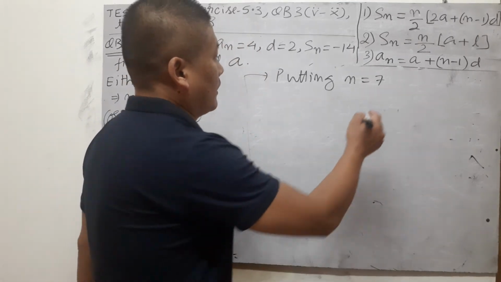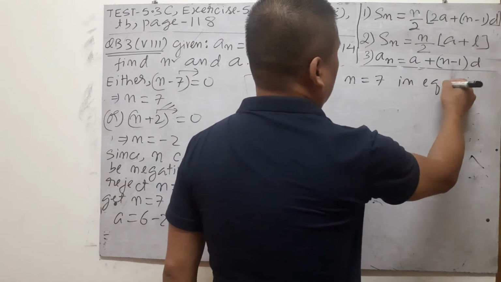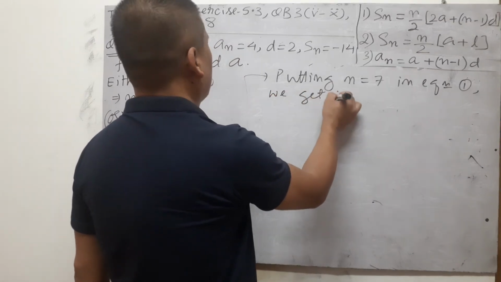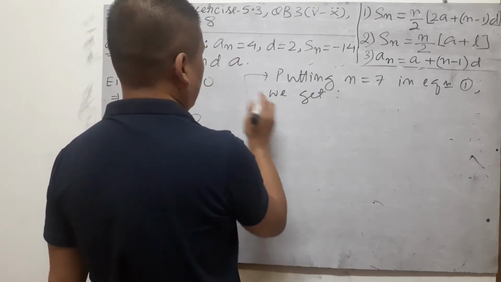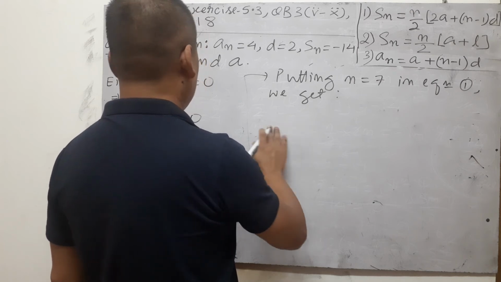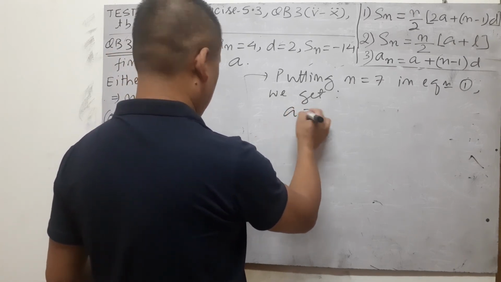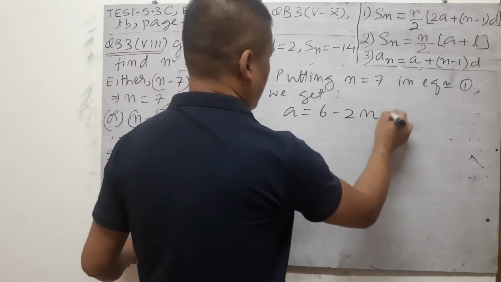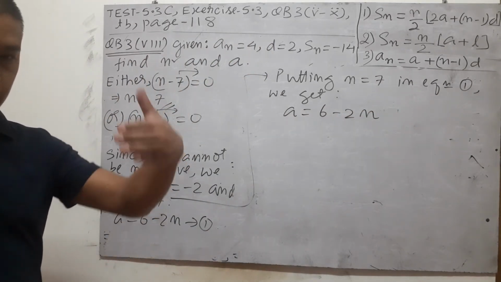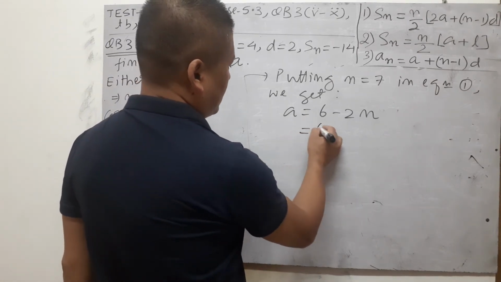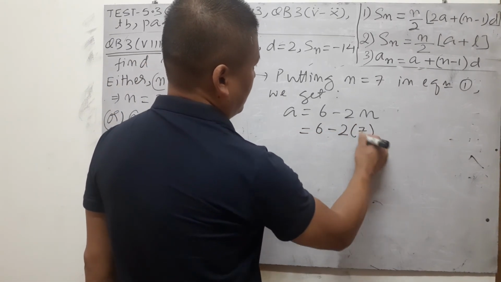In equation 1, we will get this value a. So equation 1 is a equal to 6 minus 2n, as you can see. Check your previous part of the notebook, you will see this one. So that is 6 minus 2 into n is 7.